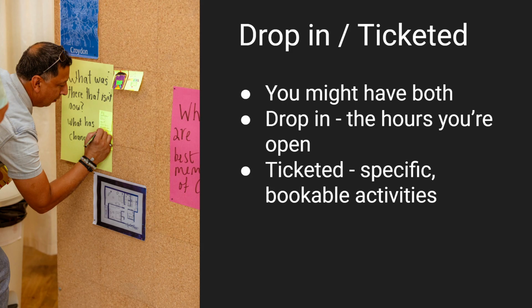Then I would also set that up as a separate ticketed activity. Or say I'm running a workshop in the afternoon, and I know I can only fit 20 people into that. I would also set that up as a ticketed activity. Those are specific bookable activities that are taking place within those hours that you're open for drop-ins. So in some instances, you might want to do a combination of both. That's very common.